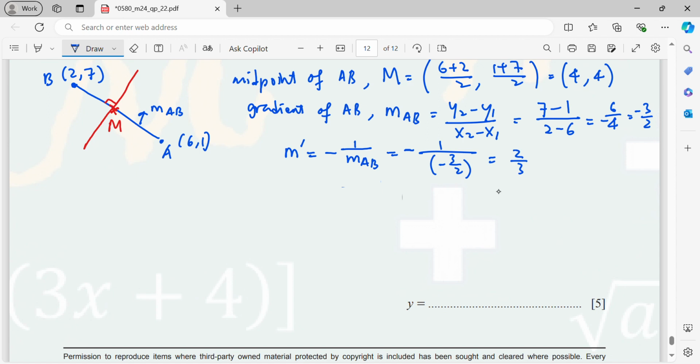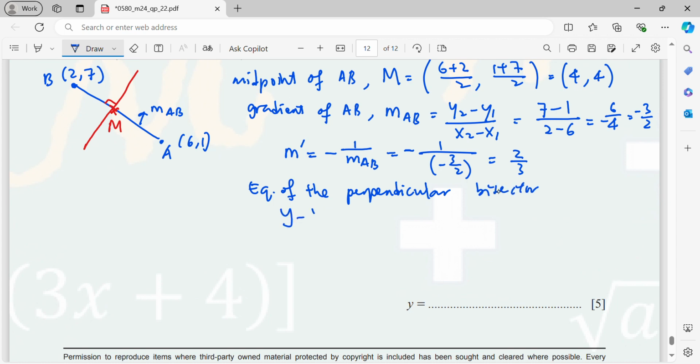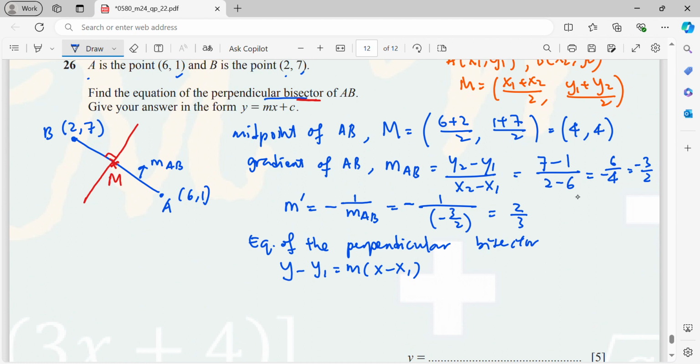So now the line, okay, the equation of the perpendicular bisector. I will use the formula y minus y1 equals m bracket x minus x1. So now my y1 is the y coordinate from the midpoint, which is 4.